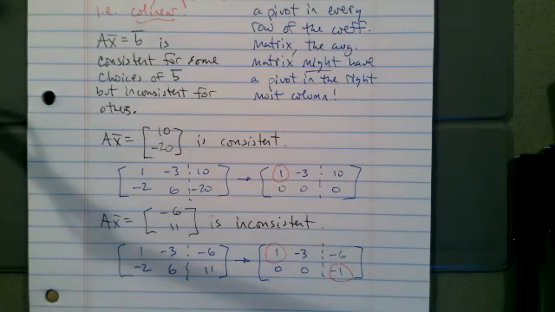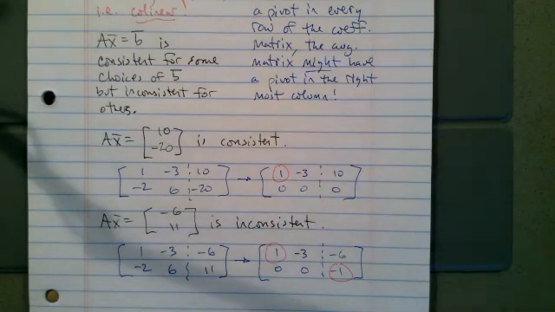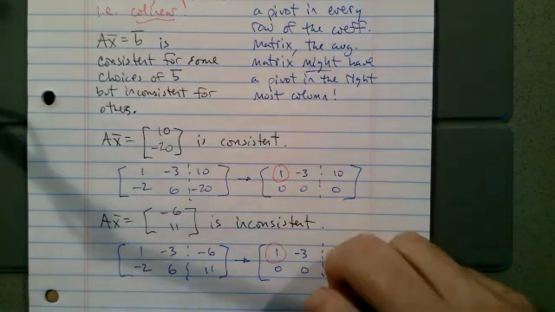If there's a pivot in the second row of the coefficient matrix, so there's a pivot in all the rows of the coefficient matrix, then the augmented matrix could not possibly have a pivot in the rightmost column.